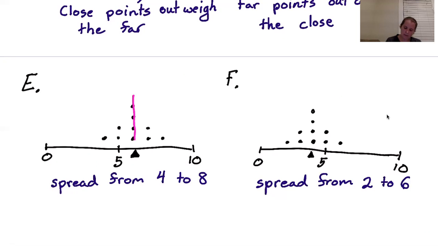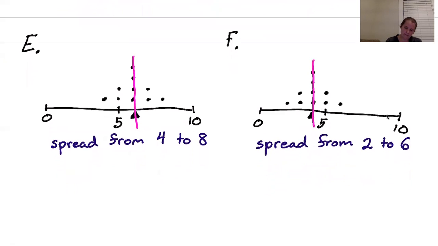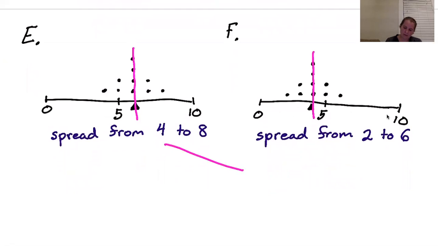But if we look at our means and we talk about the distance from the mean, they're essentially the exact same thing, right? In both sets, we have 4 points at the mean.